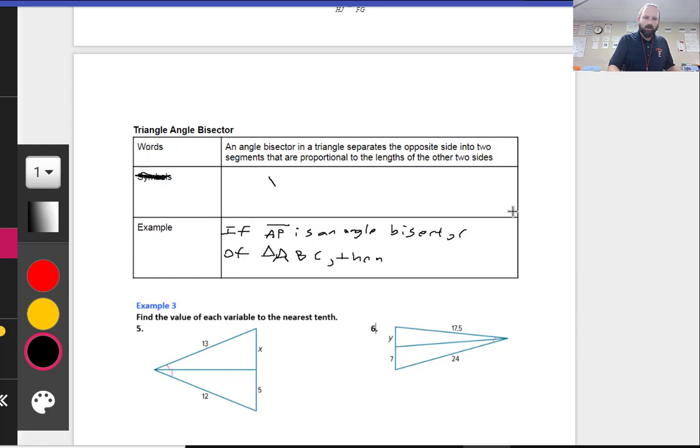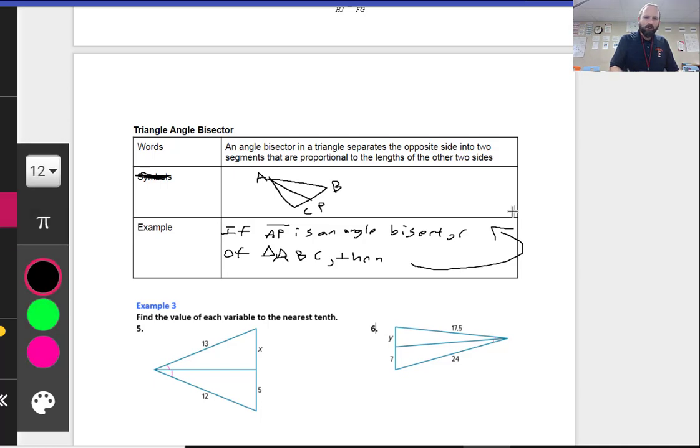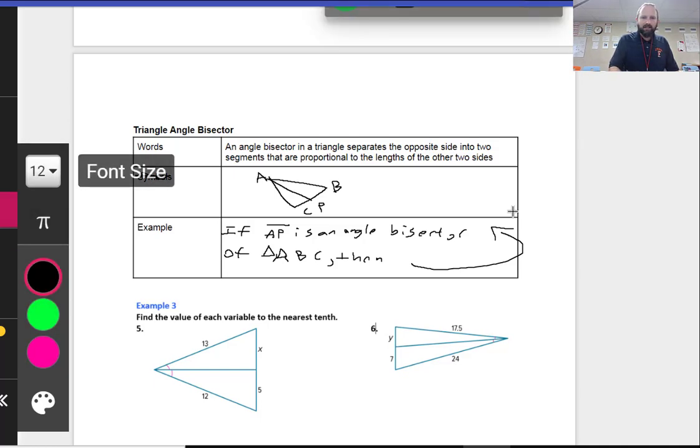We should have the triangle, and then we have A, B, C, and we have P right here. So if that, then we're going to put this then part up here. Then equation. Let's make this a little bit bigger, let's make it 18.